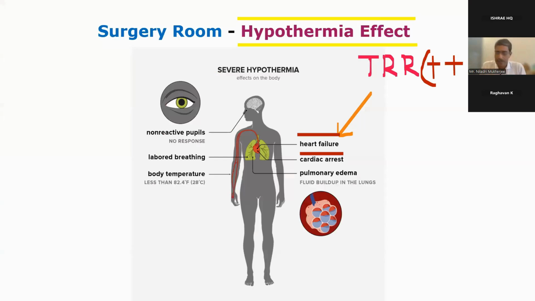Now what happens, you just see, these doctors normally go with a room temperature of around 18 to 19 degrees centigrade, or 20. Why? What is the reason behind that? Because the surgeons wear a lot of clothes, where CLO is very high. That is why they prefer to have a lower temperature.